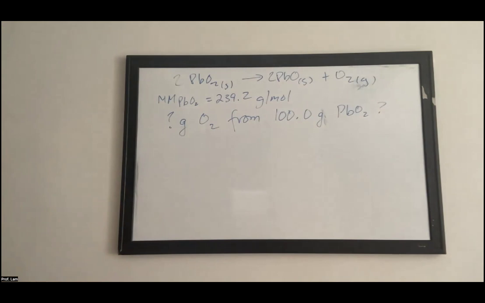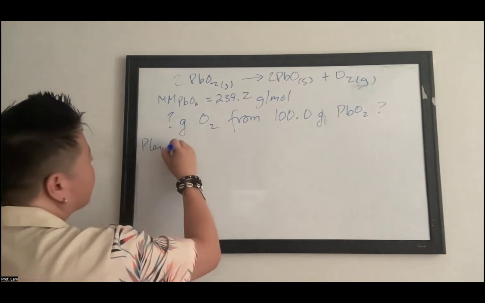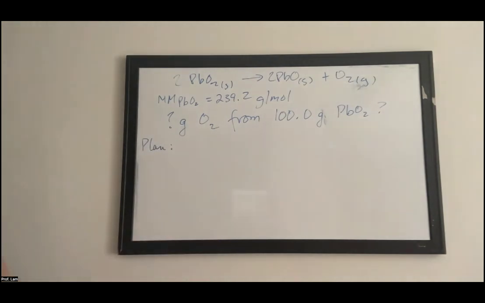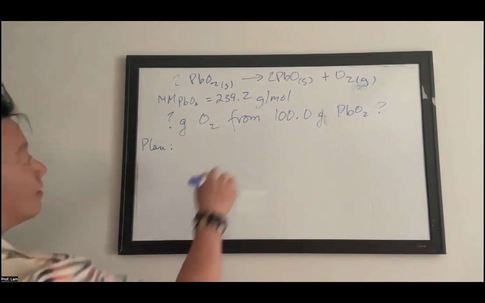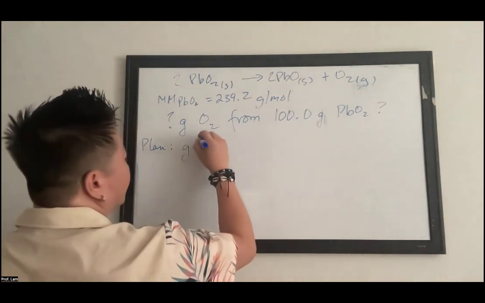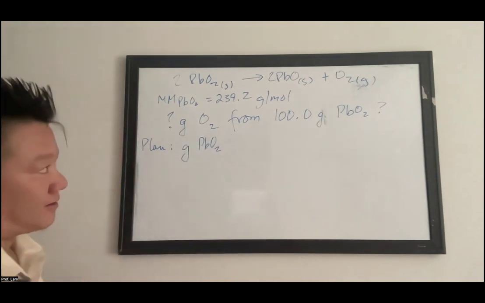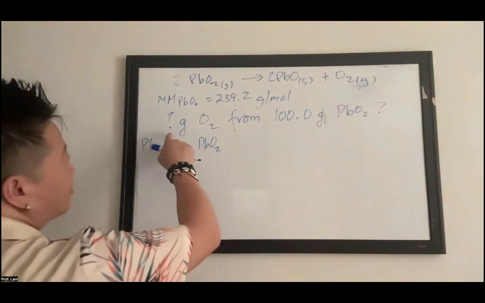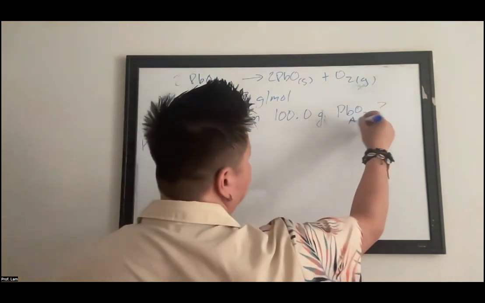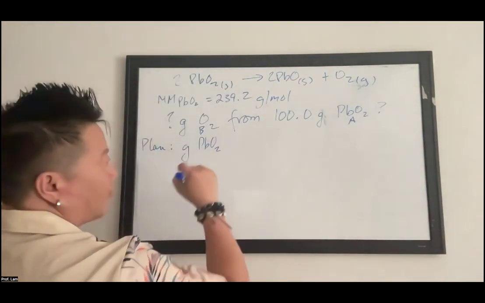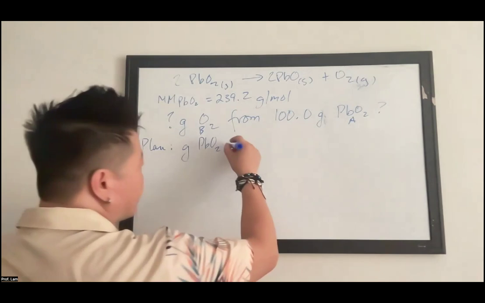All right, so again, our plan. Start at grams of PbO2. That's grams of A, and we're asked to get to grams of B. Here's A, here's B. So on your roadmap, you've got to get to mole first.